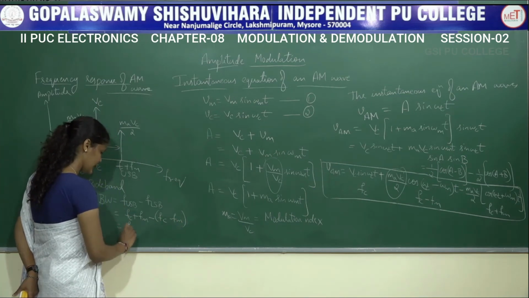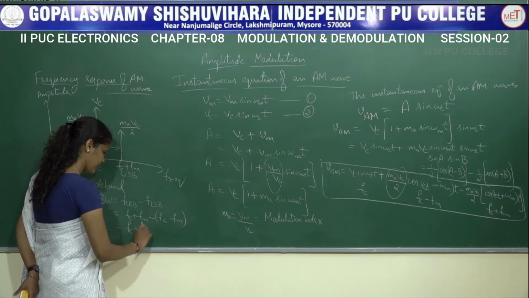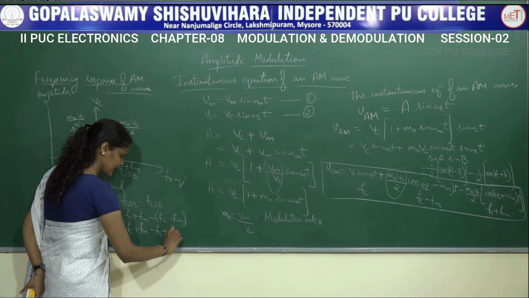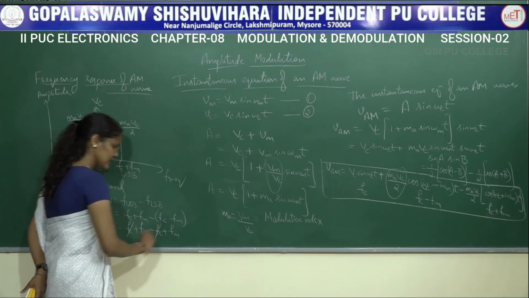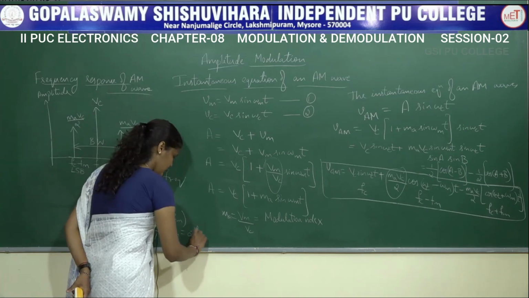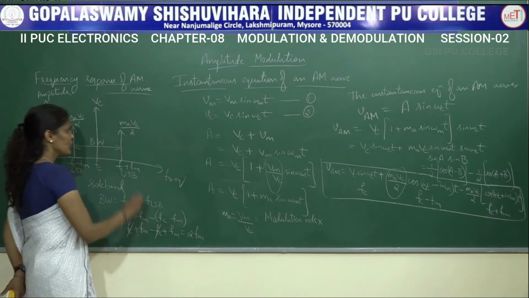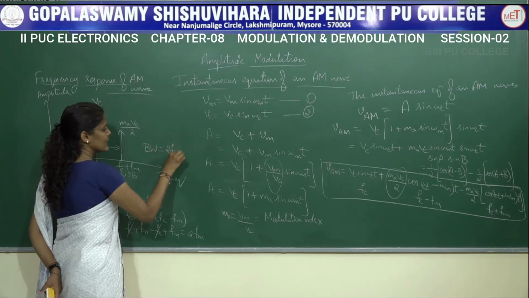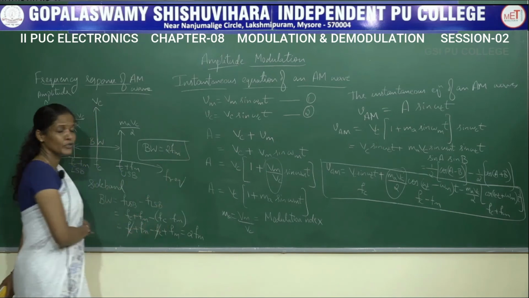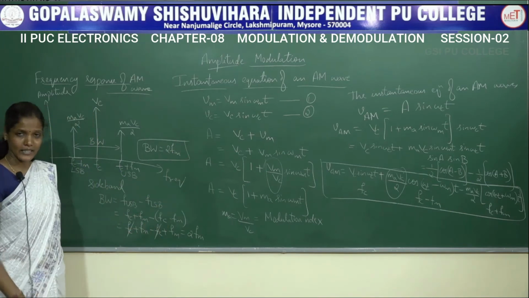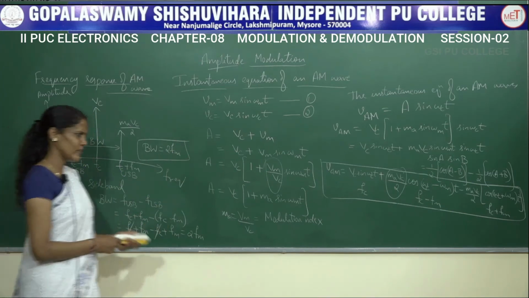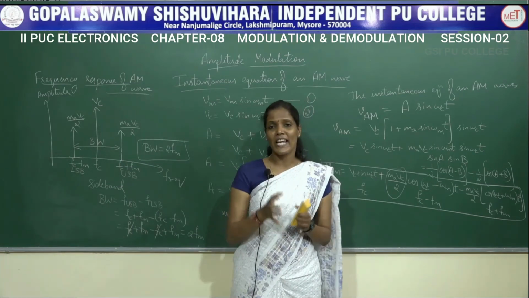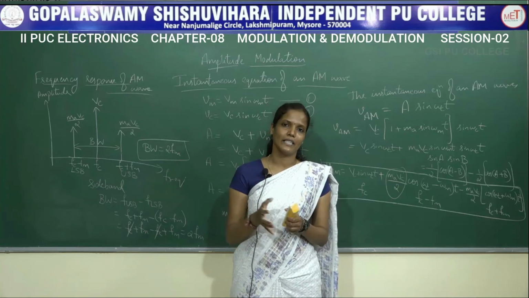So this is fc plus fm minus fc, minus into minus gives plus fm, fc cancels, and what remains is 2fm. So the bandwidth is 2fm in case of this amplitude modulated signal. So what is this bandwidth? Bandwidth is nothing but the range of frequencies which can be handled in a particular device.